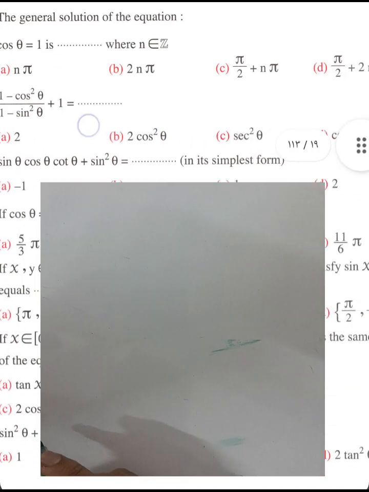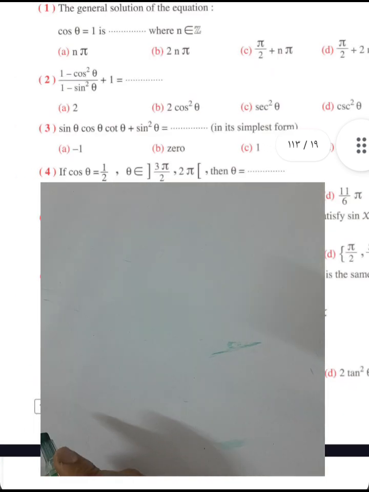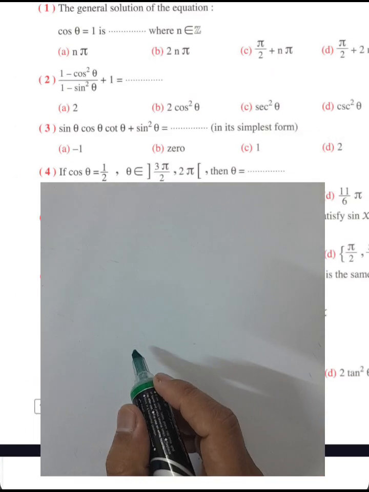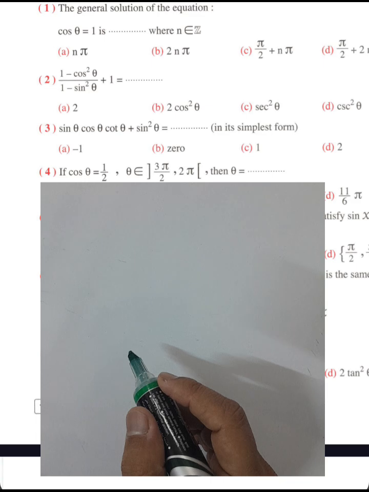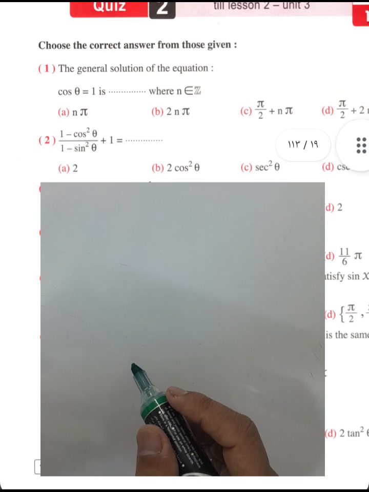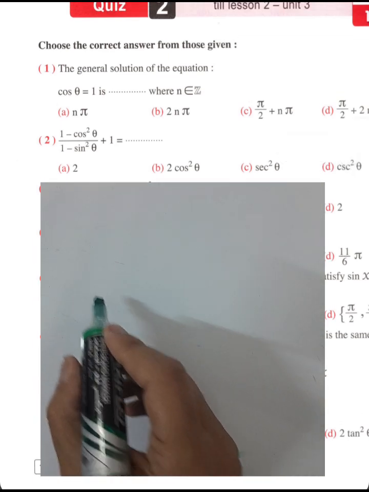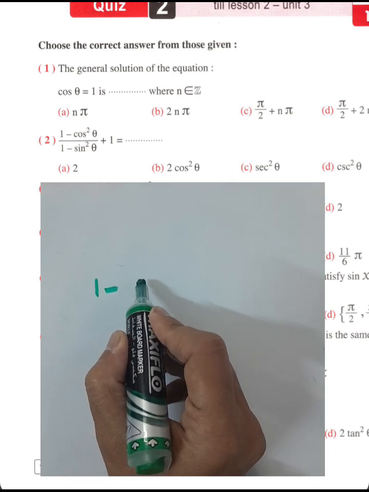We have 1 outside. 1 plus 1 equals 2. Okay, I will solve this example again.